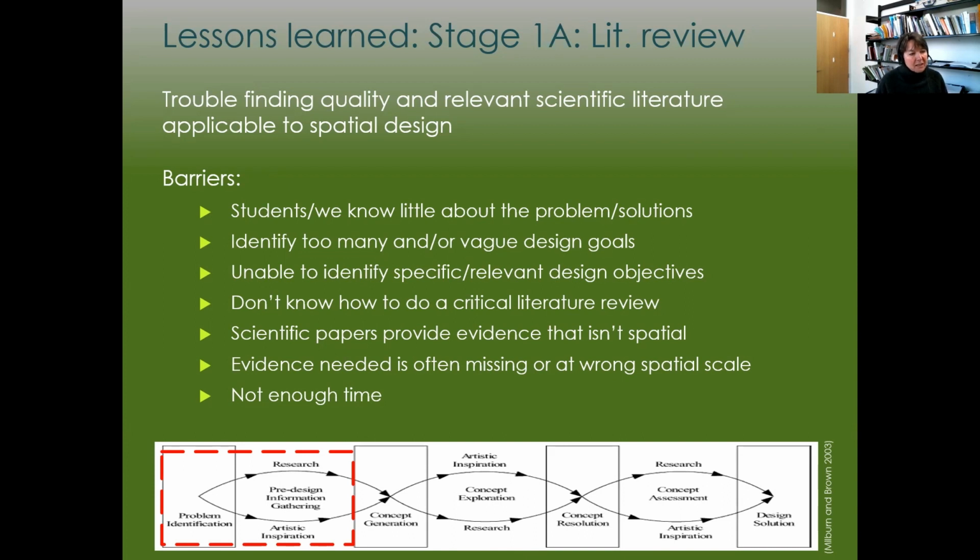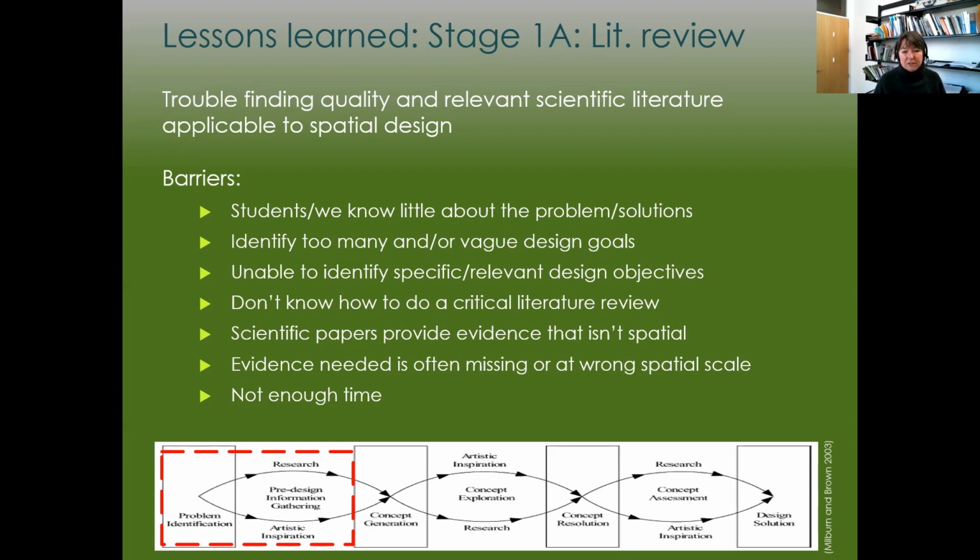And then we had too many vague design goals. That's what I picked up from previous studios, but you've got to be specific and really deal with one design goal. You can't have a whole bunch and have different students working on different goals. They really have difficulty identifying specific and relevant design objectives, the things you have to solve in order to meet the goal.